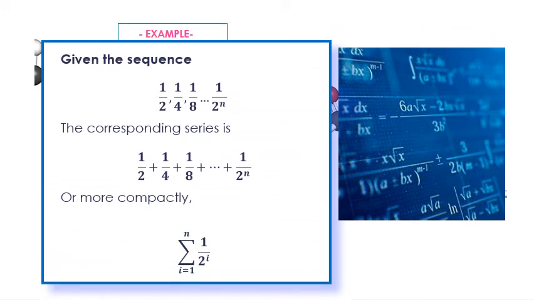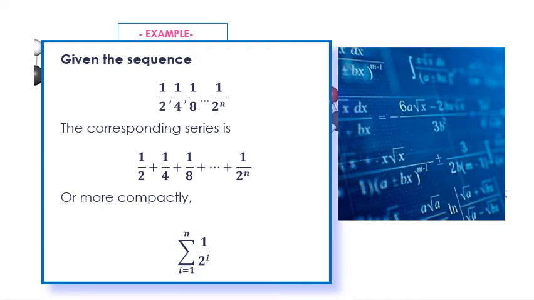So, example, given the sequence 1 over 2, 1 over 4, 1 over 8, up until 1 over 2 raised to the power of n. So, the corresponding series is, tangan mo lang sila addition symbols tungaan nila. That will be your series na. 1 half plus 1 fourth plus 1 eighth plus blah blah blah up to 1 over 2 raised to the power of n.